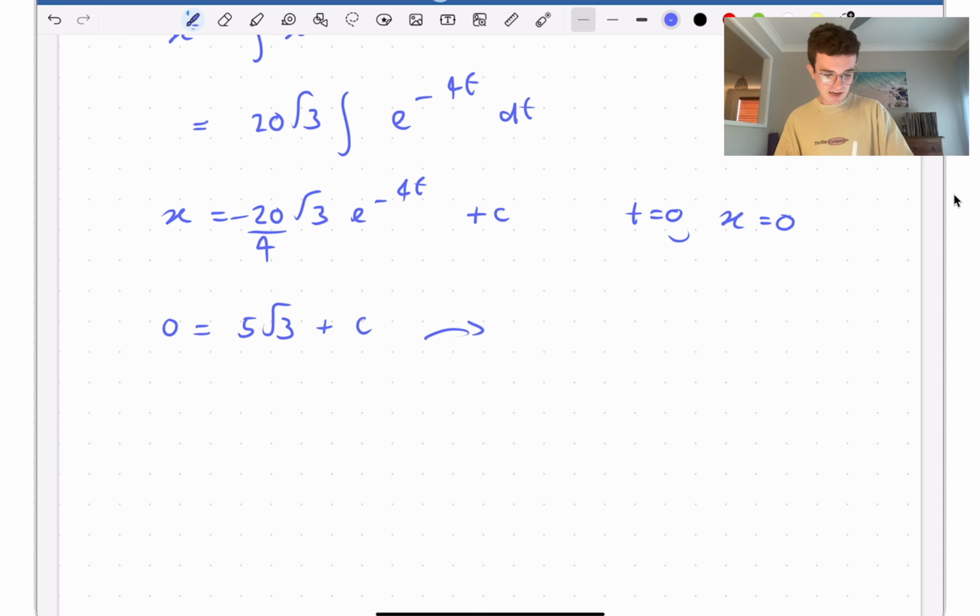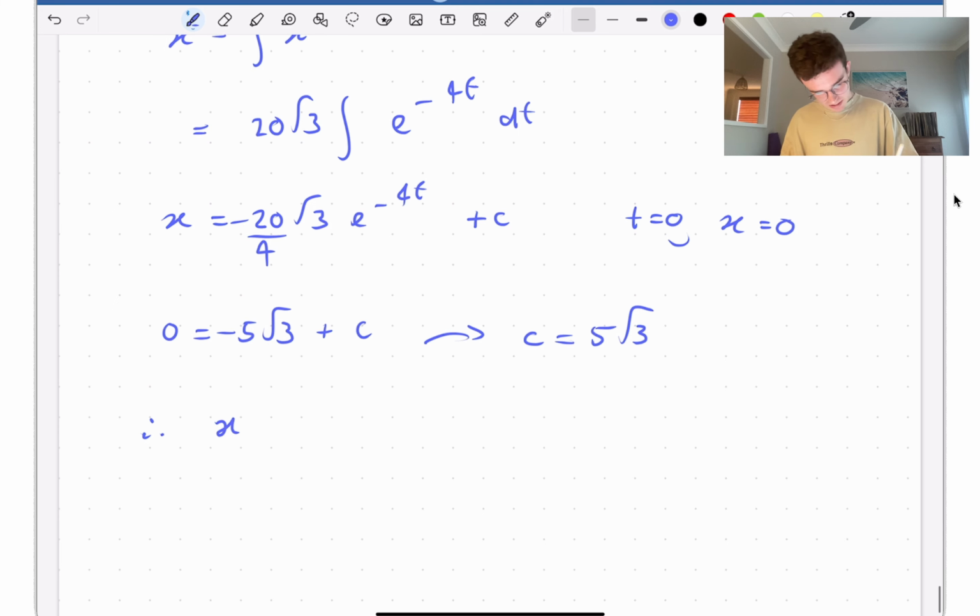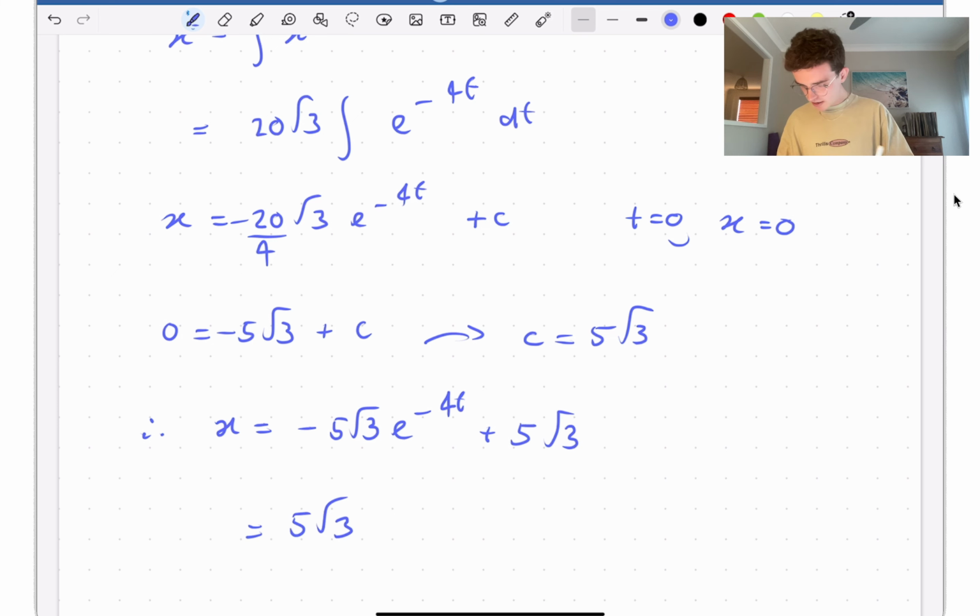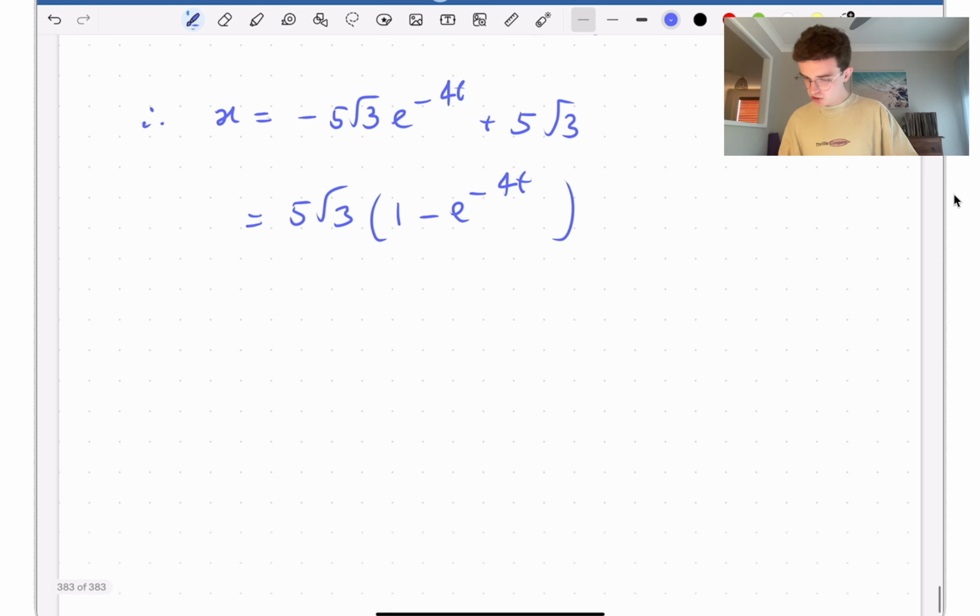So that makes c equal to 5 root 3. So therefore my x equation is minus 5 root 3 e to the minus 4t plus 5 root 3. And if we take out a factor of 5 root 3, it's going to be 1 minus e to the minus 4t, which is actually what we were trying to prove in the x direction.